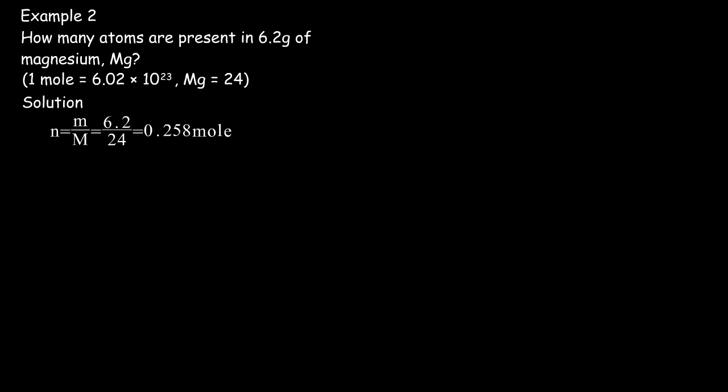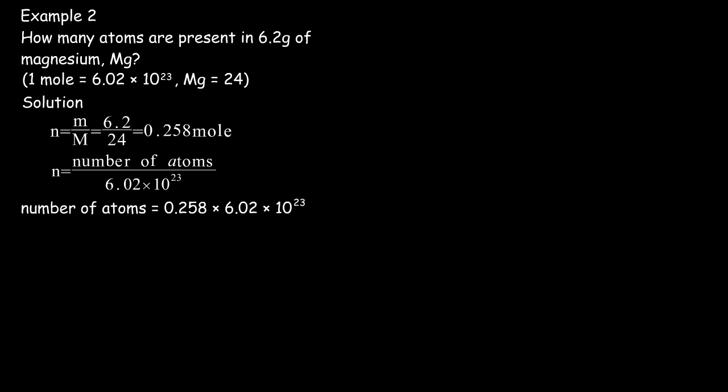But we are looking for number of atoms, and we know that our mole is also equal to number of atoms divided by Avogadro's number, which is 6.02 times 10 to the power of 23. Cross multiplying, number of atoms will be equal to 0.258 times 6.02 times 10 to the power of 23, which is equal to 1.6 times 10 to the power of 23 atoms.